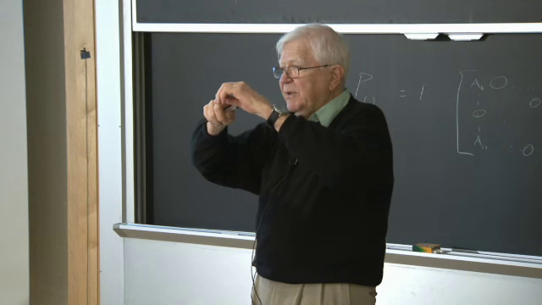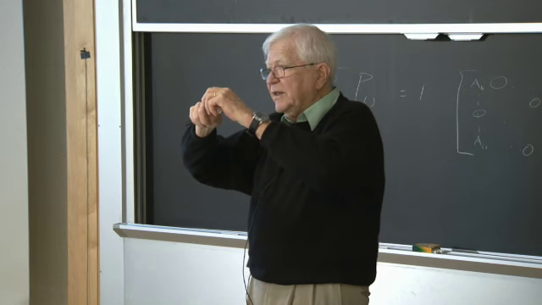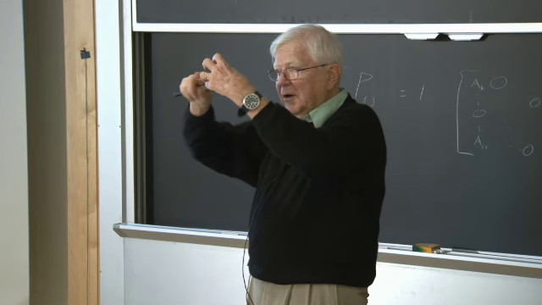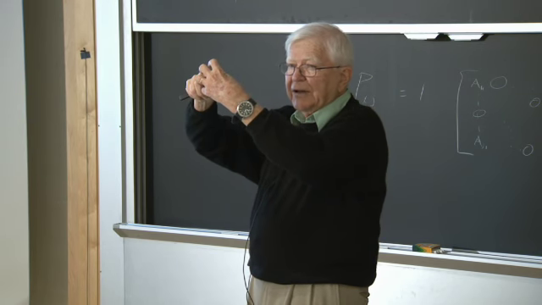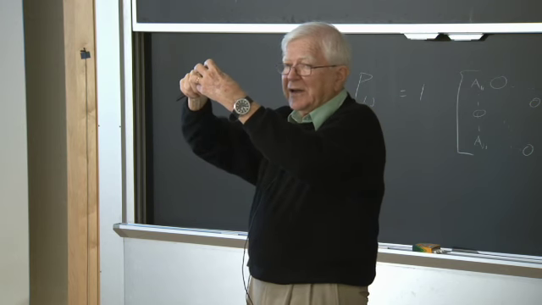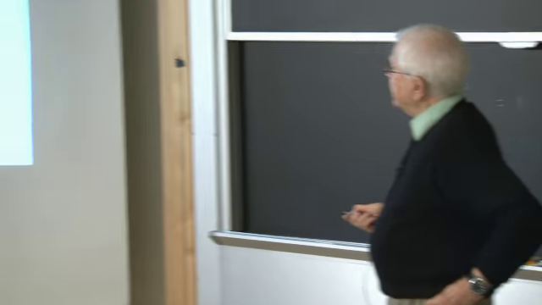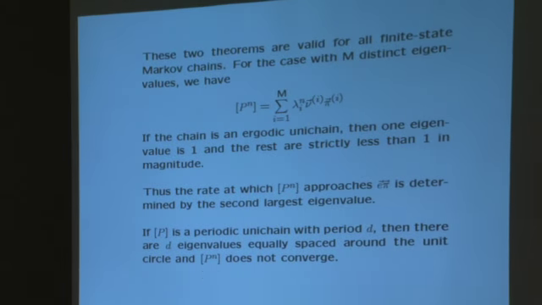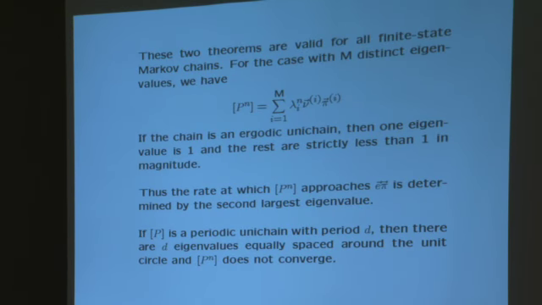What happens if I take p to the d? P to the d is looking at the d-step transitions. So if you start here, after d steps you're back here again. So the matrix p to the d is in fact the matrix of d ergodic subclasses. And for each one of them, whatever subclass you start in, you stay in that subclass forever.